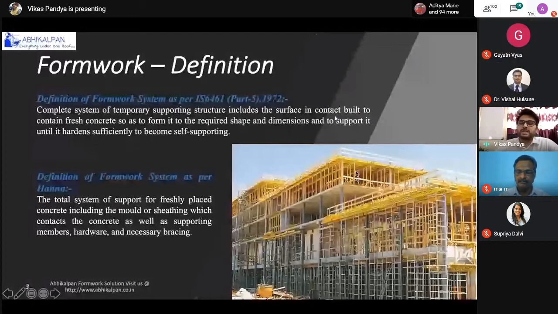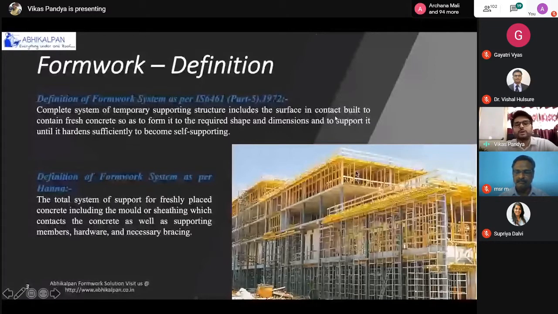When we talk about safety, major accidents happen on construction sites due to the failure of formwork. Because of formwork failure, there are a lot of accidents and deaths in India as well as in the entire market. So your formwork system should be well designed and safe enough for working conditions.